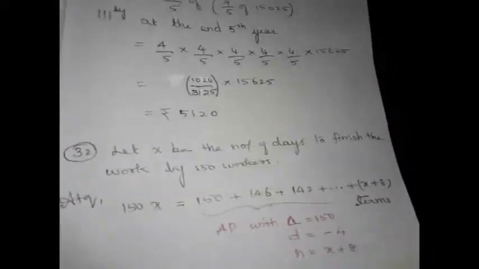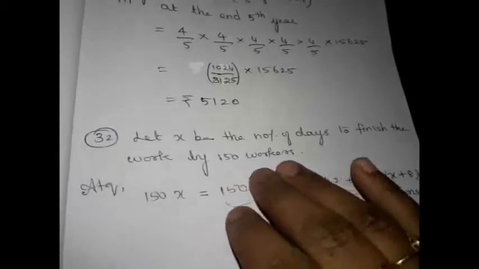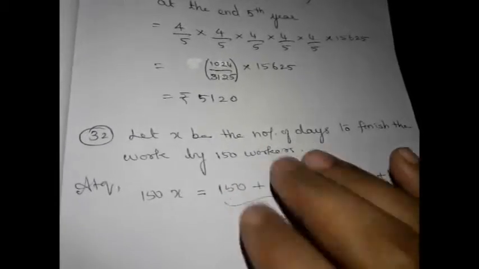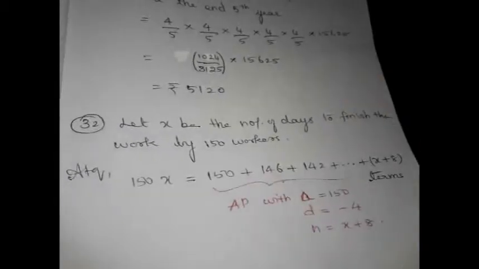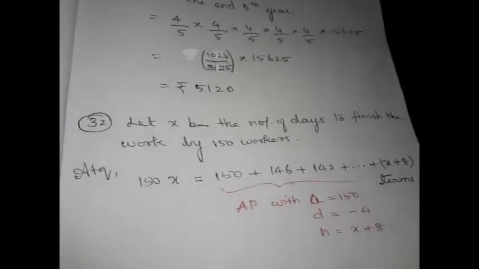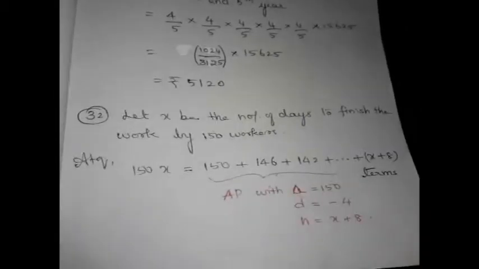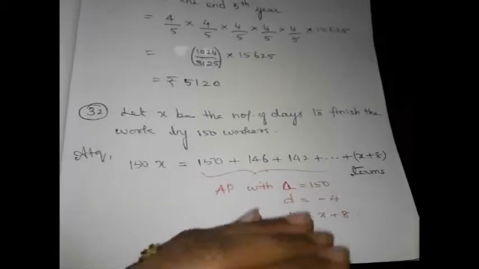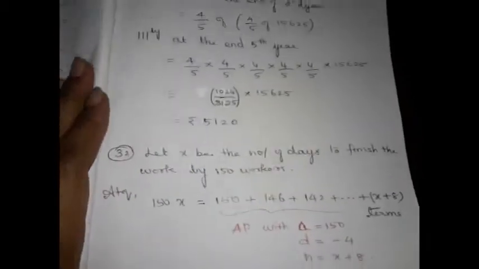I asked this question in the weekly test, so I need to explain it here. They have given that 150 workers complete a work in a certain number of days, and 4 workers drop out every day.